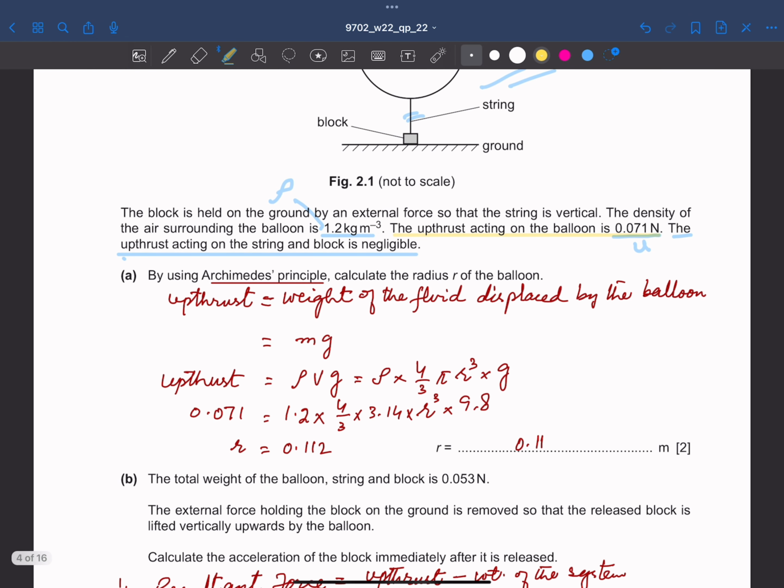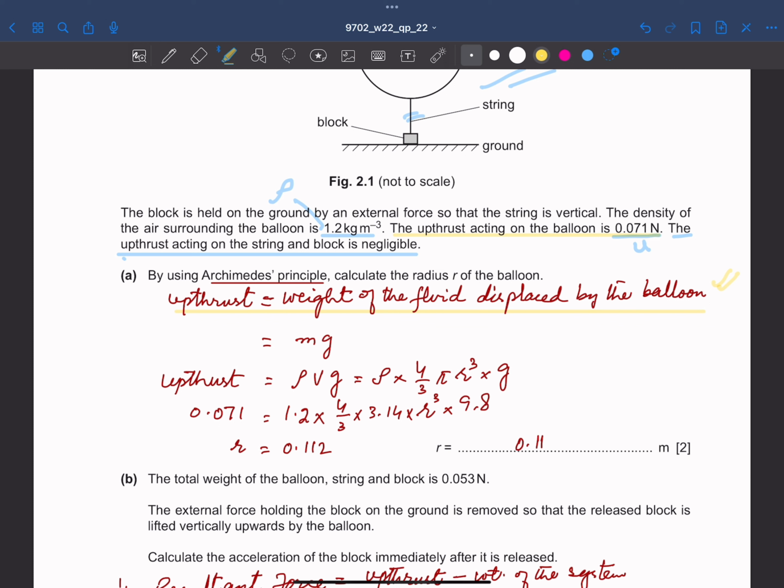First thing you have to mention here is what the upthrust is, or what will be the value of upthrust. Simply you can say upthrust is equal to the weight of the fluid displaced by the balloon, and this comes from the definition.